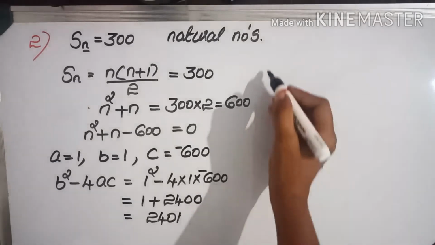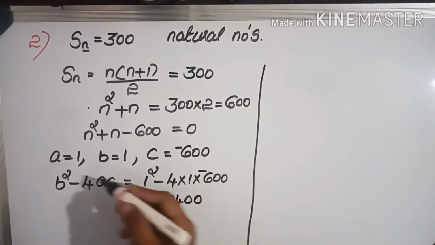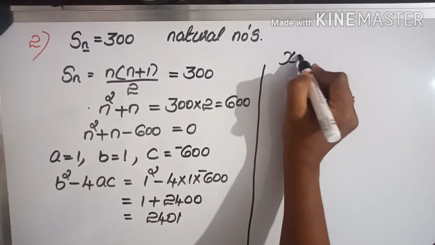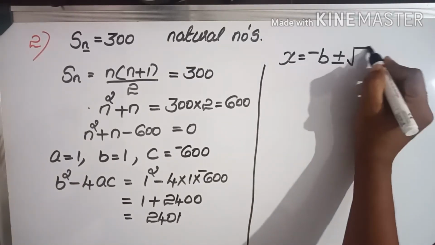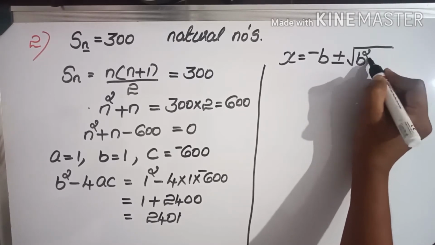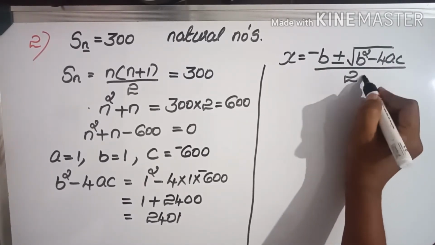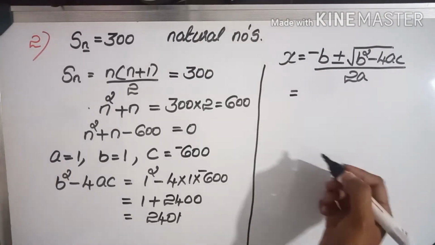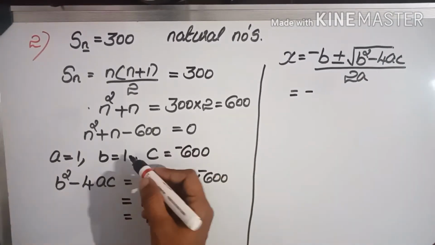We got the discriminant 2401, and a, b, c also we got. Now in the next step, we can write the equation. x is equal to minus b plus or minus root of b square minus 4ac whole divided by 2a. Now let's substitute the values. Put the minus sign first. Next is b, which is positive 1.